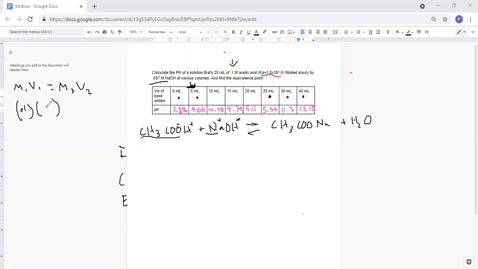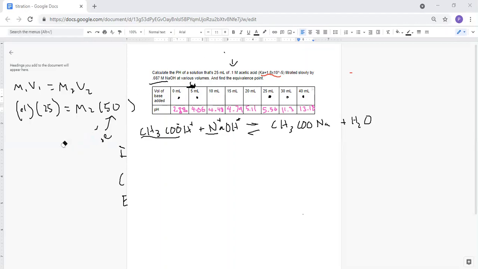Our acid doesn't change, only our base is changing. We had 0.1 times 25, and then we're trying to find the final molarity after base is added. Well, we have 25 mils acid, and for our base, we're gonna have 25 mils this time. So we're gonna have 50 this time.